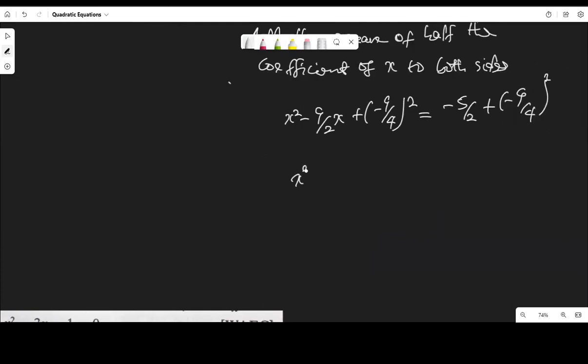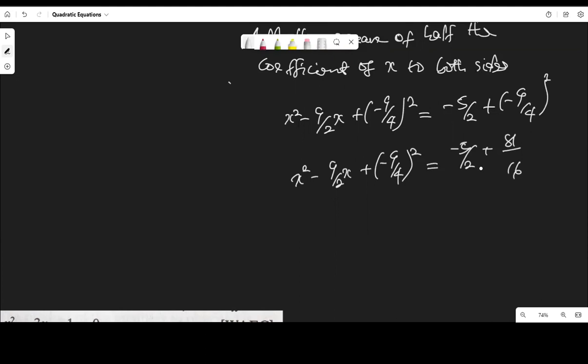So x squared minus 9 over 2x plus minus 9 over 4 squared is equal to negative 5 over 2 plus minus 9 squared is 81 and 4 squared is 16.